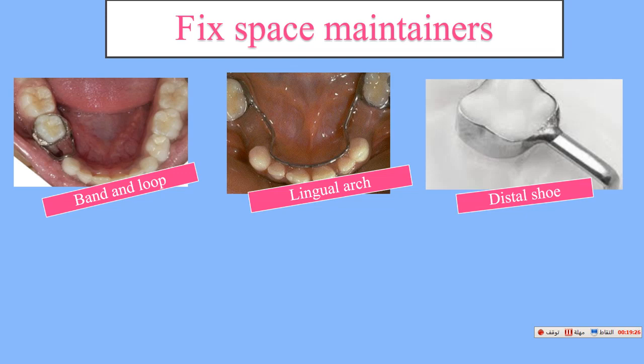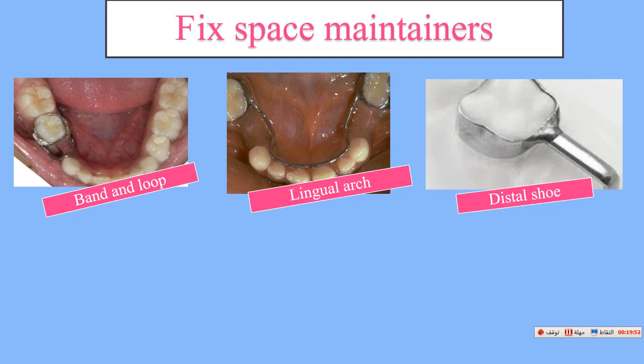It is used for premature loss of the lower deciduous first molar or second deciduous molar, D or E, before the eruption of the 6. This design is limited in function.